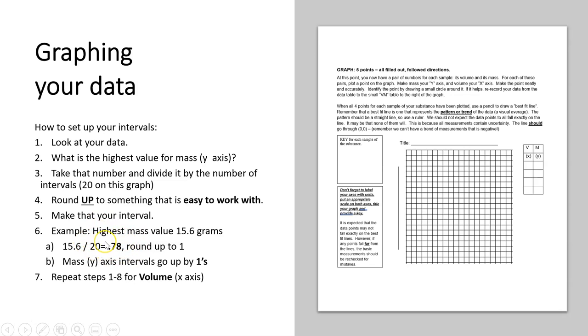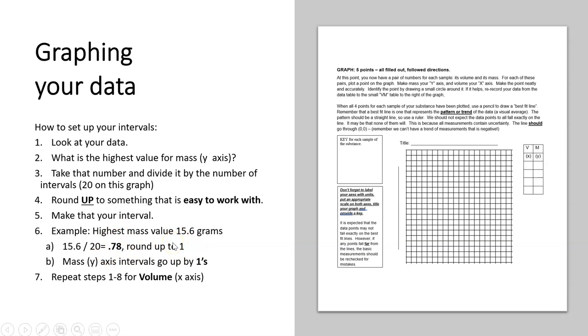Well, that would just be a pain. If I went 0.78, then 1.56, then I've got to add 0.78 to that, and so on. So we round up to something easy to work with. In this case, 0.78, let's just round that right on up to 1.